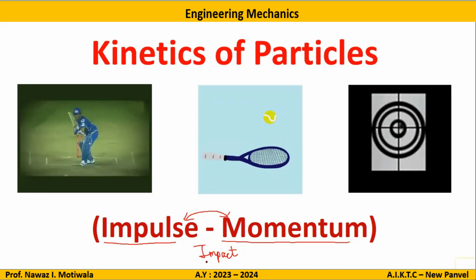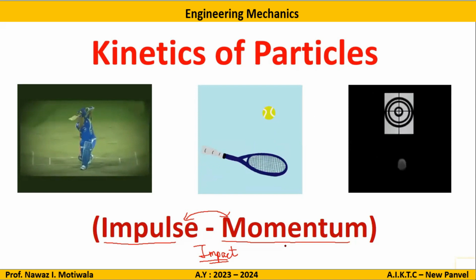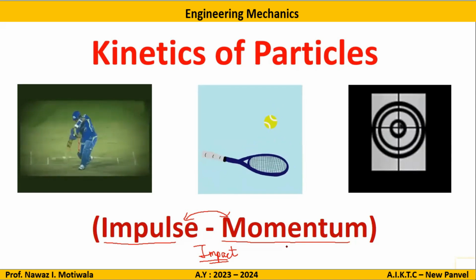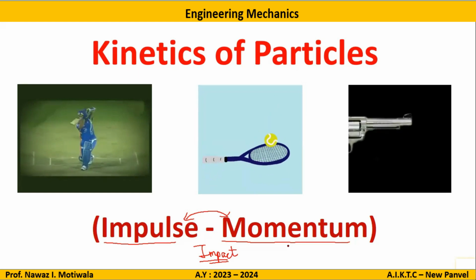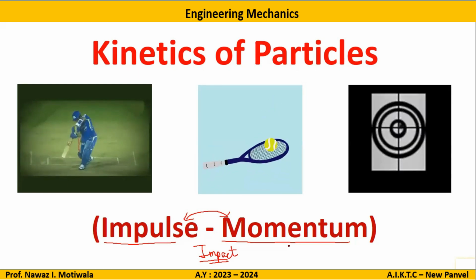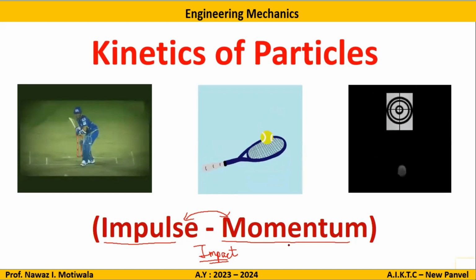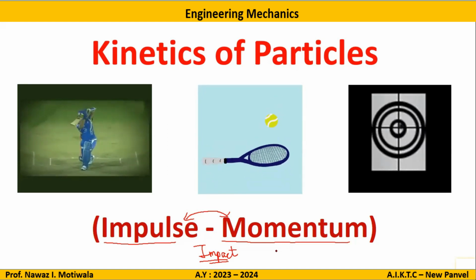Now what do you mean by this word impact? Impact is the collision between two bodies which continues for a short interval of time, during which both the bodies exert a large amount of force on each other.